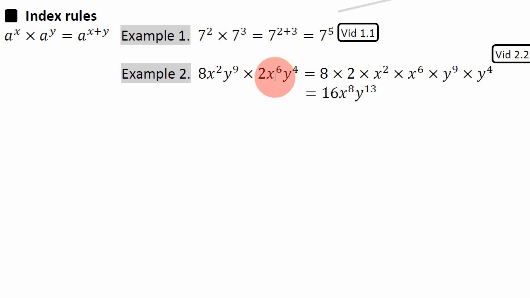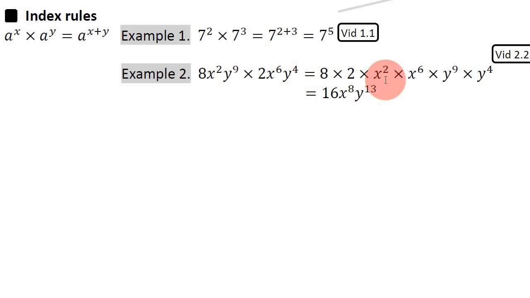So, let's do that. I'm going to multiply the numbers together, and I'm going to multiply the x's together, because even though they've got different powers, they've got the same base x, so I can use this trick. But because x and y don't have the same base, I can't multiply them together to use this trick. This is base x, base y. Anyway, 8 times 2, you can see over there, is 16.